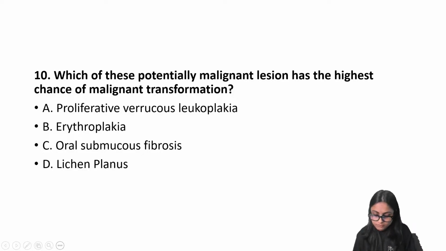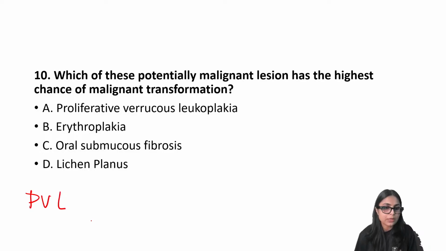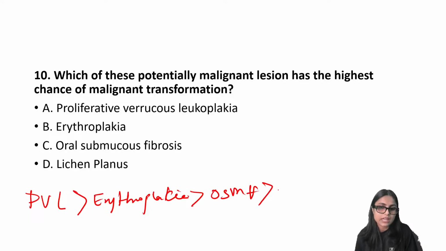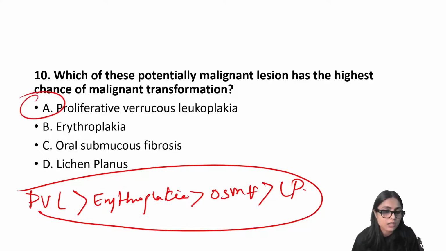I repeatedly give you this sequence of malignant potential: PVL, then comes erythroplakia. Now I will give you the comparison among these options only. Then we have OSMF, and then we have lichen planus. Among the given options, PVL has the highest potential of malignant transformation.